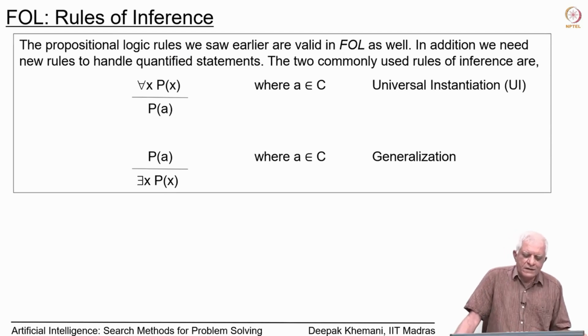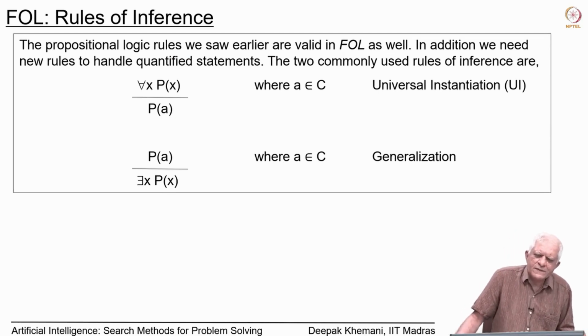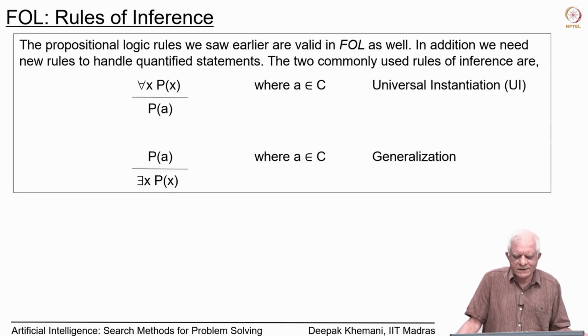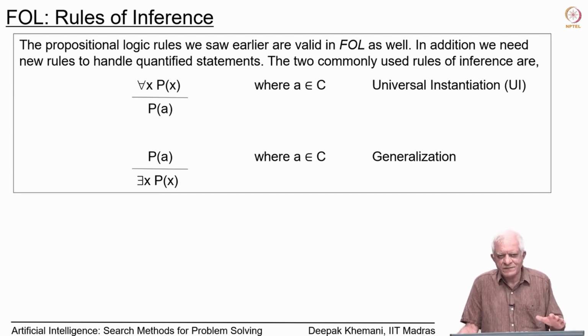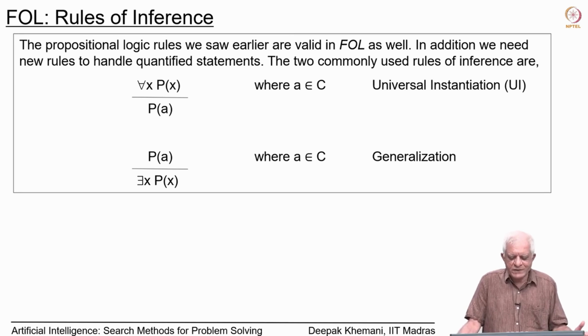We spoke about rules of inference which were general in nature, which some people refer to as propositional rules of inference, because when we say alpha implies beta and alpha means you can add beta, the modus ponens, we are not saying what language alpha is in. But there are certain rules of inference which are specific to first order logic, and there are two of them.